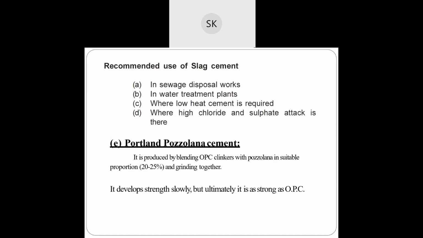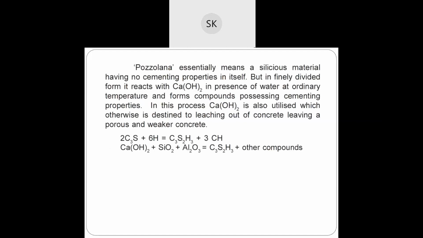Next is Portland pozzolana cement. It is produced by blending OPC clinkers with pozzolana in suitable proportion and grinding together. It also develops strength slowly, but it is as strong as OPC. Pozzolana essentially means a siliceous material having no cementing properties in itself, but in finely divided form it reacts with calcium hydroxide in presence of water at ordinary temperature and forms compounds possessing cementing properties.